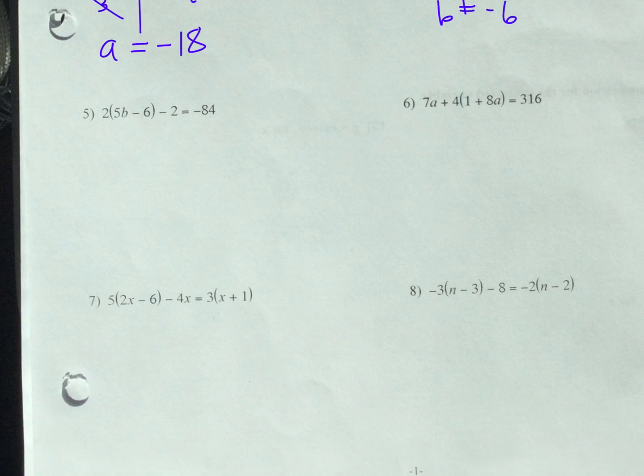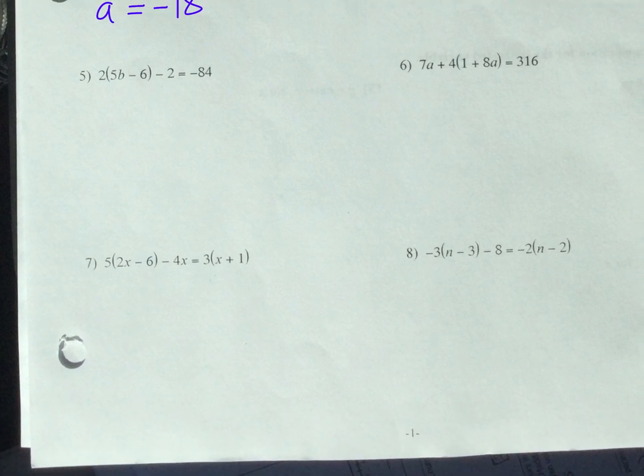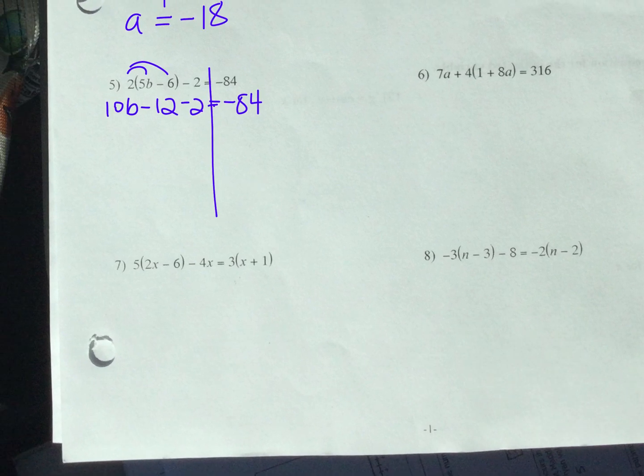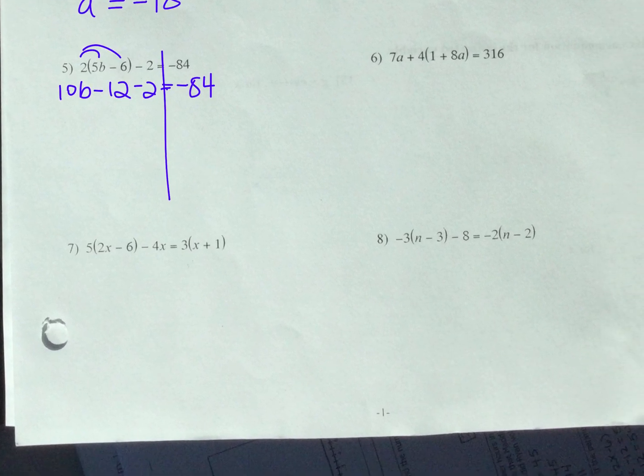Number 5, got a few more steps in here. First, we're going to distribute. 10b minus 12 minus 2 equals negative 84. I got to do some old school baby math and say that negative 12 minus 2 is negative 14. 10b minus 14 equals negative 84.